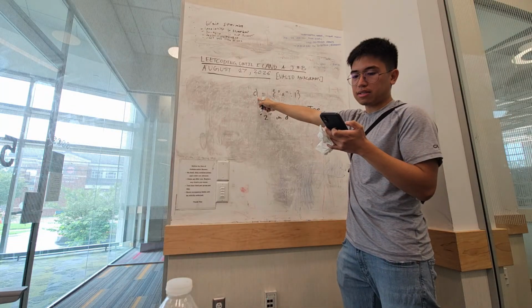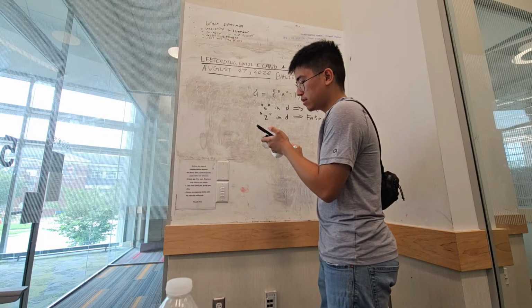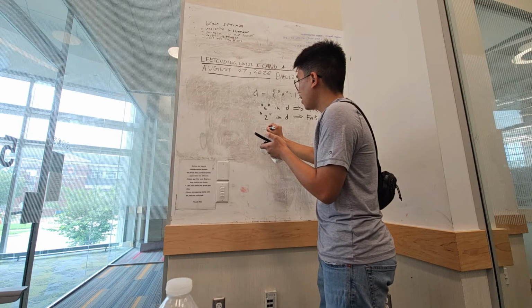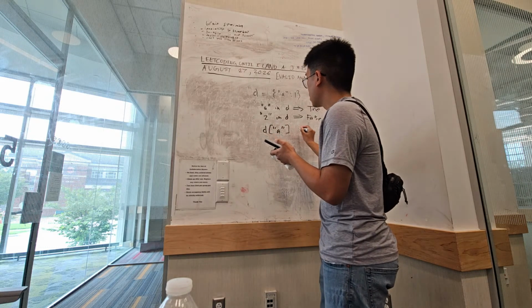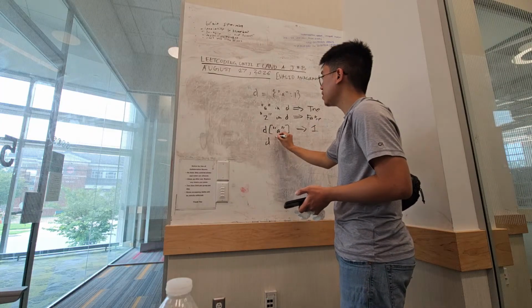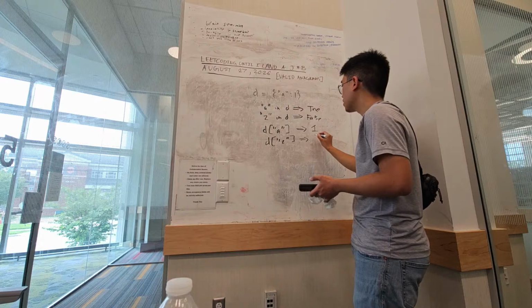Hopefully that makes sense. So if we do d['a'], we're getting 1, as mentioned earlier, and d['z'], we get an error.